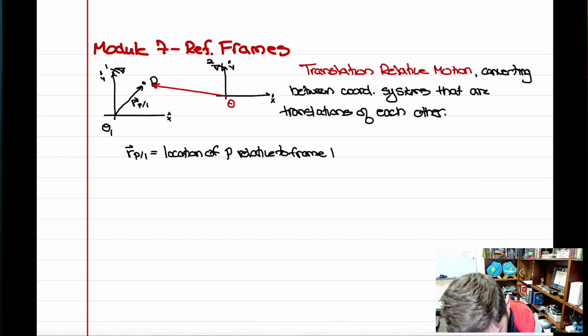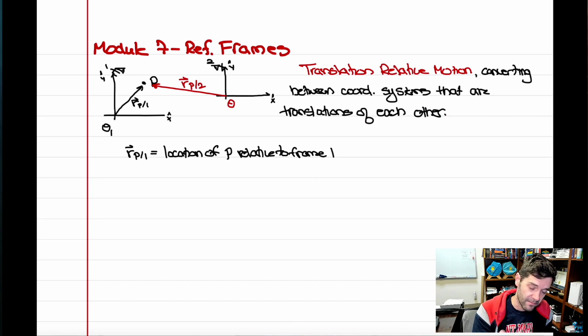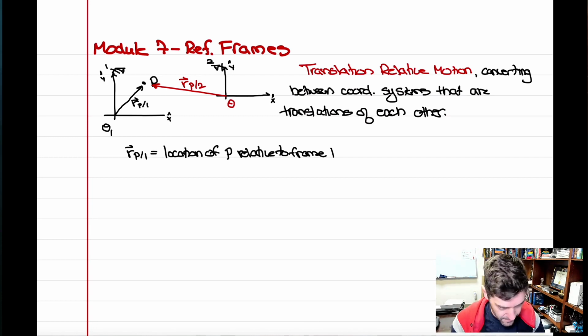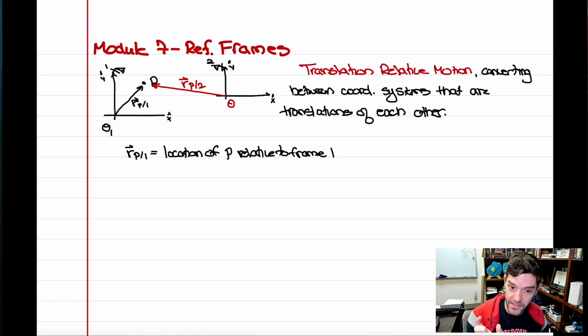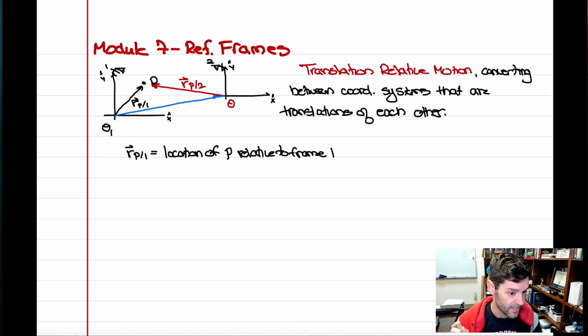So then this red vector is going to be r of p relative to frame 2, the position of that particle as seen from someone with the origin and axes given by frame 2 there. The thing that we need to complete this is the relative component between the two, some vector that connects the two. How are these axes oriented relative to one another?